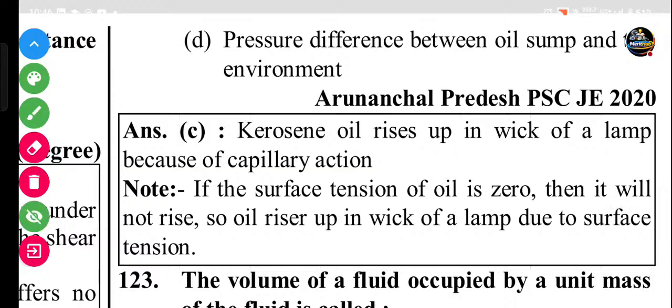Explanation is given: the kerosene oil rises up in the wick of the lamp because of the capillary action. If the surface tension of the oil is zero, then it will not rise. So oil rises up in the wick of the lamp due to surface tension, but there is no option for surface tension. So capillary rise is the perfect answer.